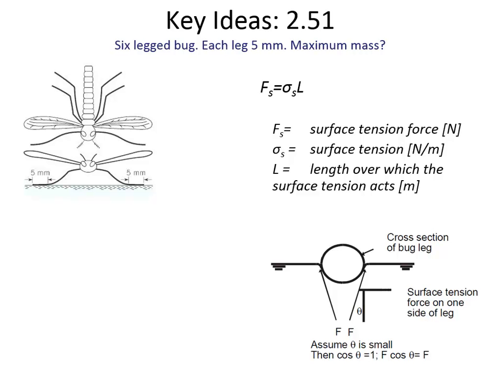If you calculate the force from the surface tension equation, it says to find the maximum mass of the bug. F equals mg, right? Once you find the force from that equation, divide by g, and that will tell you the mass of the bug. Any questions on that one?